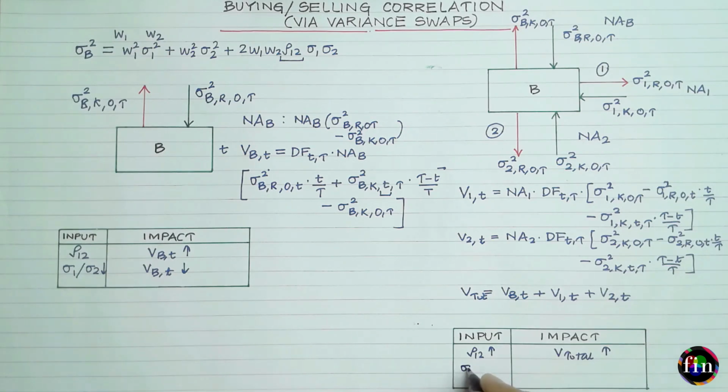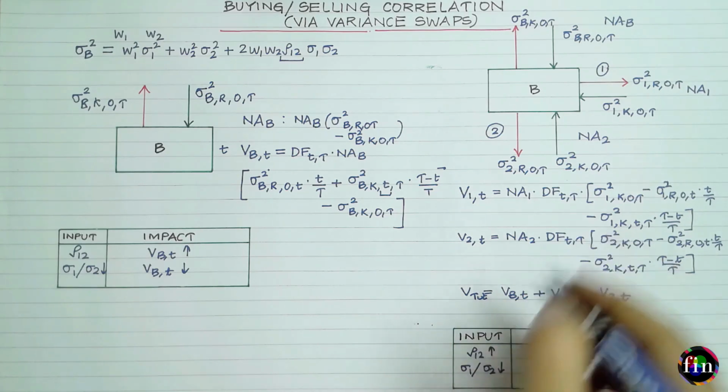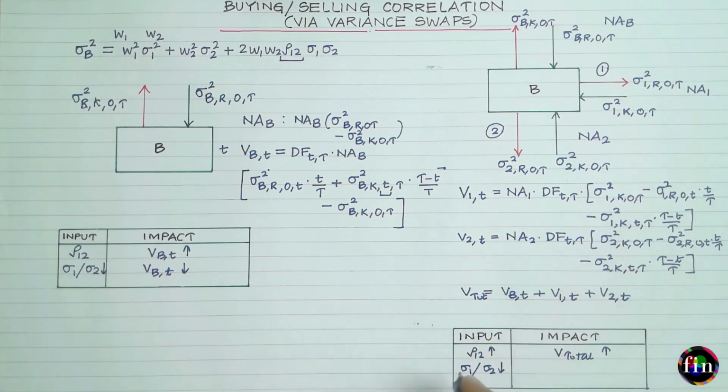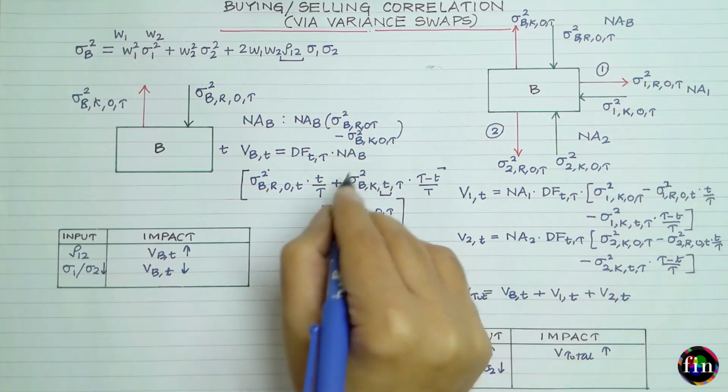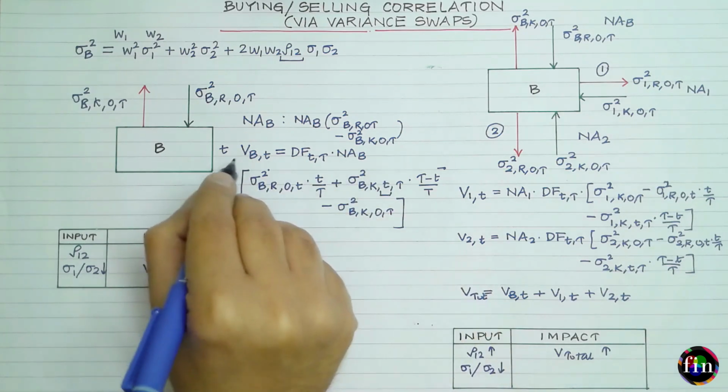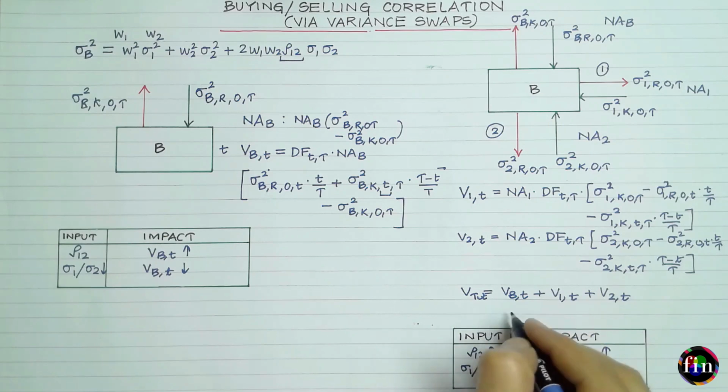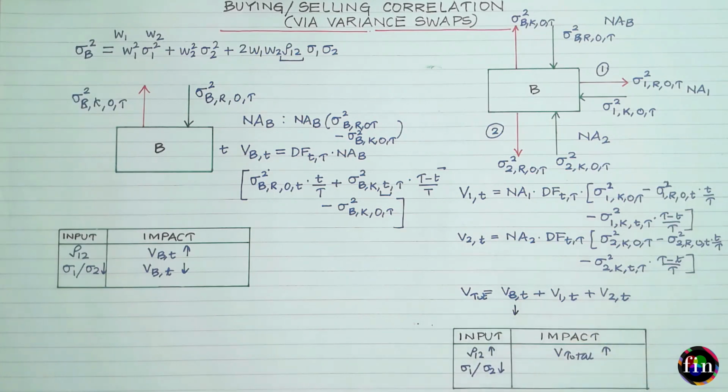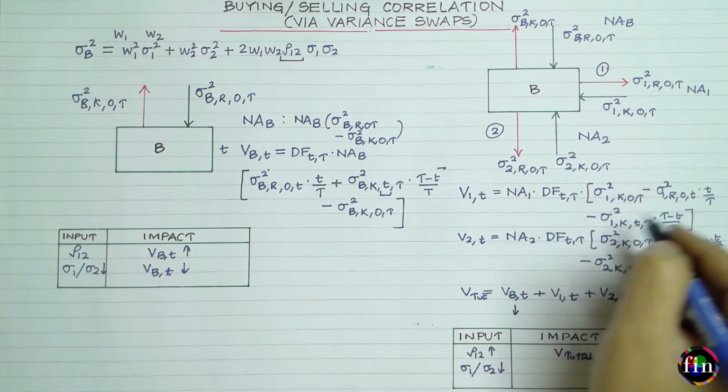What if sigma 1 and/or sigma 2 were to fall? That's the adverse scenario in my mind. If sigma 1, let's say, were to fall, what happens? If sigma 1 falls, this guy falls. If this guy falls, VBT falls. So in this case, let me write down: VBT falls. If sigma 1 were to fall, take a look at this expression.